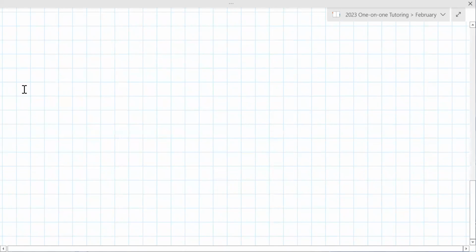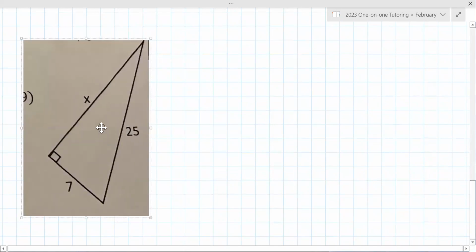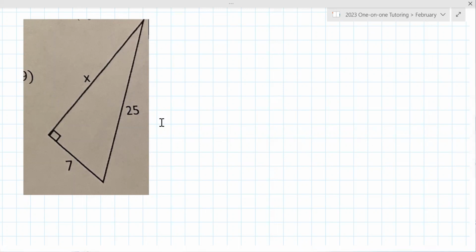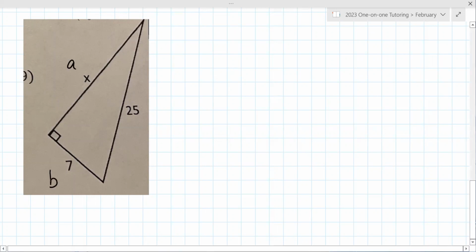Okay, so let's look at number 9. Number 9 is a triangle. Are they giving you the 2 legs this time? Well, yes, the same 2 legs. 7 squared plus 25 squared equals x squared. No. A and b, the legs, come out from the 90-degree angle.